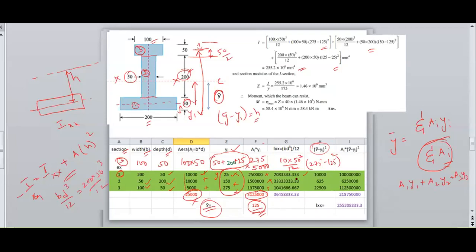Now I can use the formula BD cube by 12 for each and every cross section, and I can find the y bar minus yi, these values whole square.